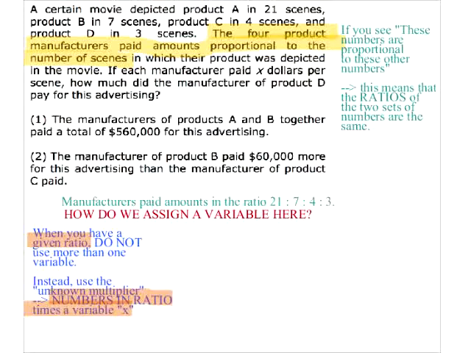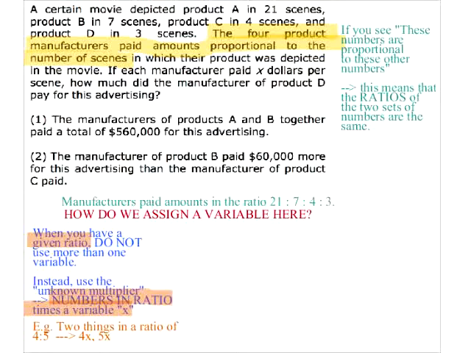So for instance, if you had 2 things in a ratio of 4 to 5, then you would just call them 4x and 5x. If you had 3 things in a ratio of 1 to 2 to 3, you would call them 1x, 2x, and 3x.